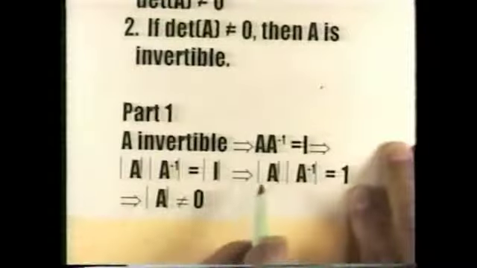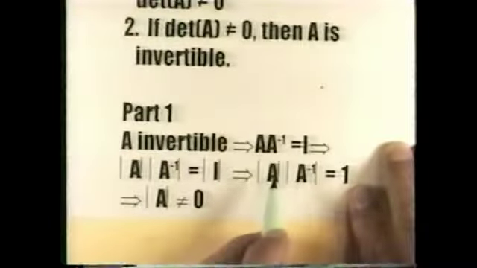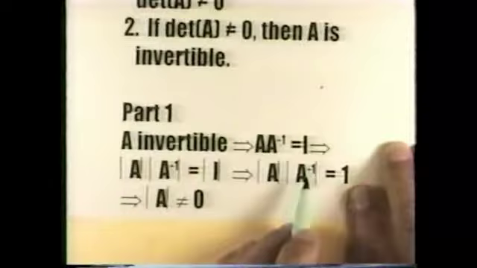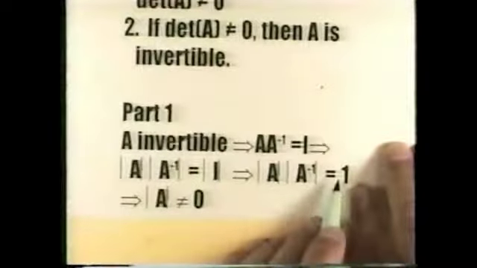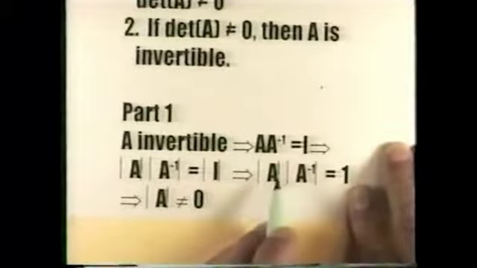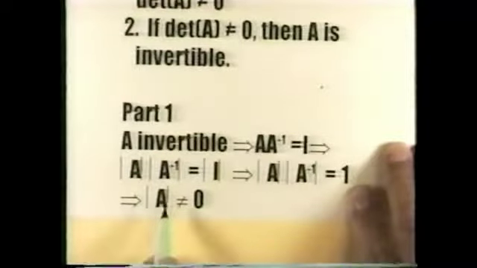If the determinant of A were 0, then 0 times the determinant of A inverse would be 0, but it is 1. So there is no way you can multiply two things to get 1 and one of them be 0. So the determinant of A is definitely not 0.